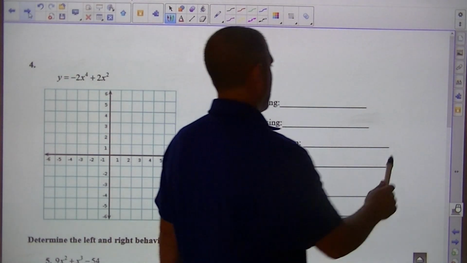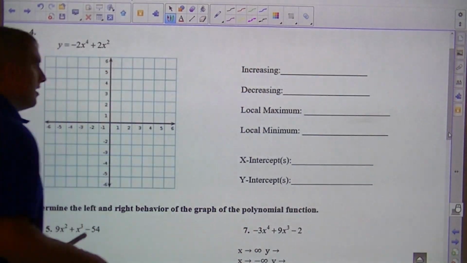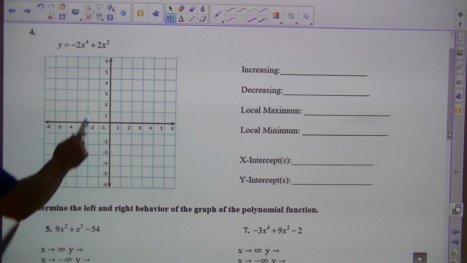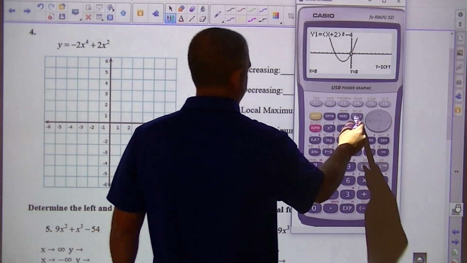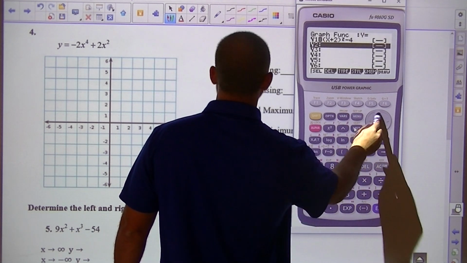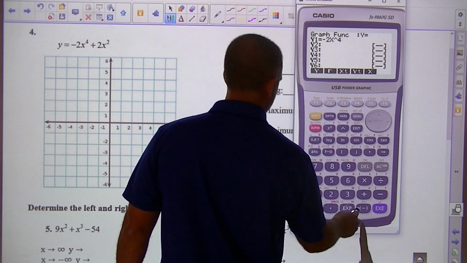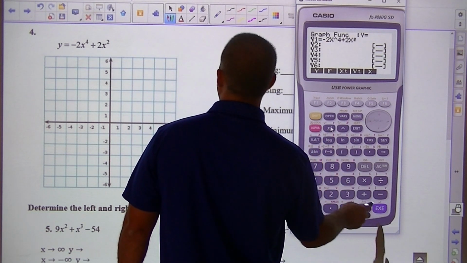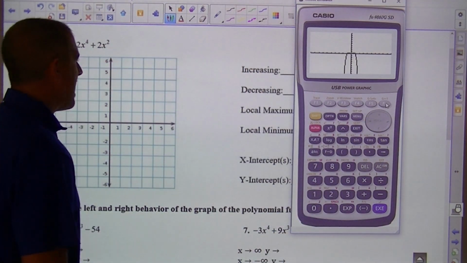Okay. Question number 4. Very similar idea. No domain and range asked for. But I still got to make my graph. So I go into graph, exit to go back 1. -2 x to the 4th plus 2x squared. Draw. Okay, looks like that.